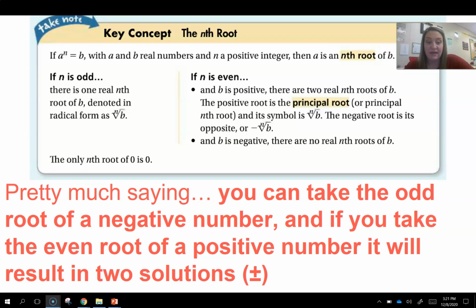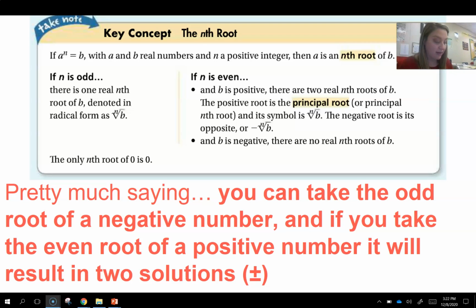But with an even number, okay, you can only take an even root of a positive number, okay? So you can do an odd root of a negative number, and that's fine. But with even roots, you can only do positive numbers, okay? Let's think about it. If I take negative 5 and I multiply it to itself twice, we get positive 25, right?